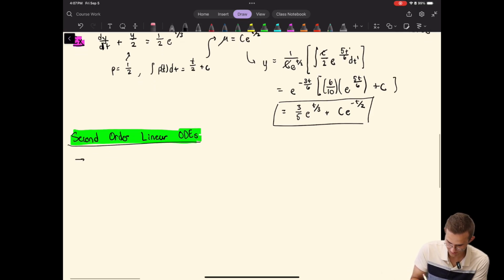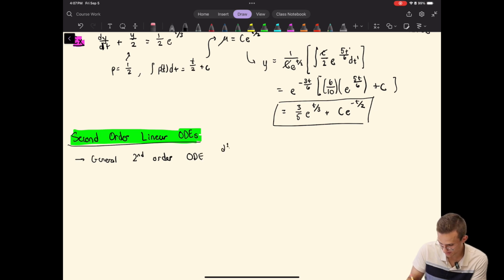We can say that a general second order ODE can be written as d squared, or d2 dt squared, the second derivative of y, is equal to some function of t, y, and dy dt. Okay, very general there.